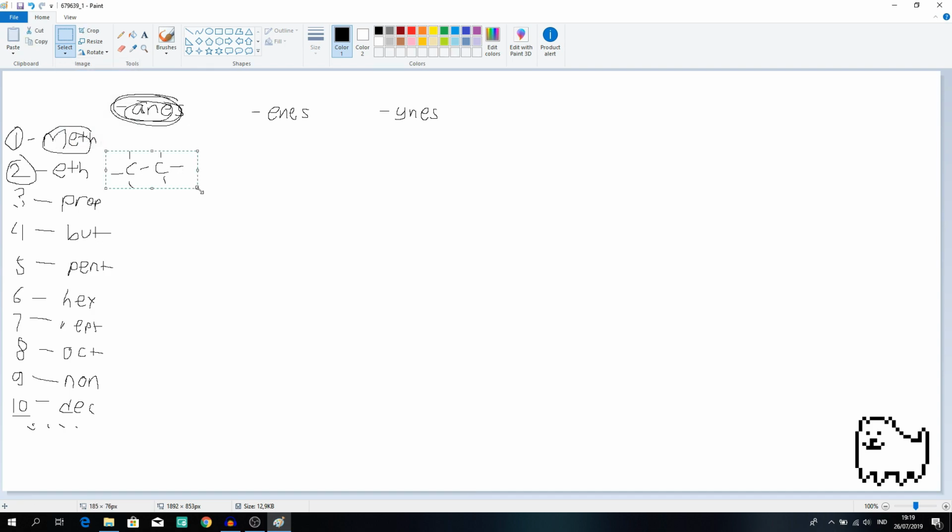So let's try another example with alkenes this time. If I ask you to draw a propene molecule, for example, it would be 3 carbon pieces. So just 1, 2, 3, and at least 1 double bond.